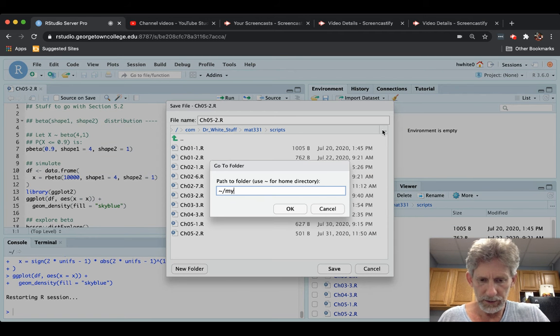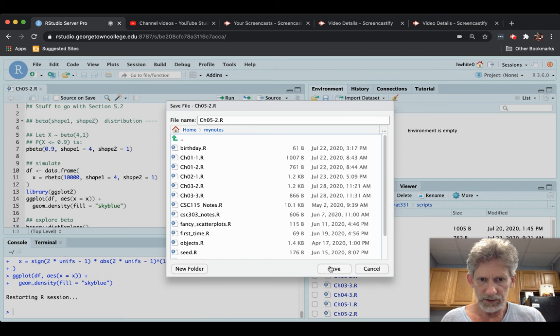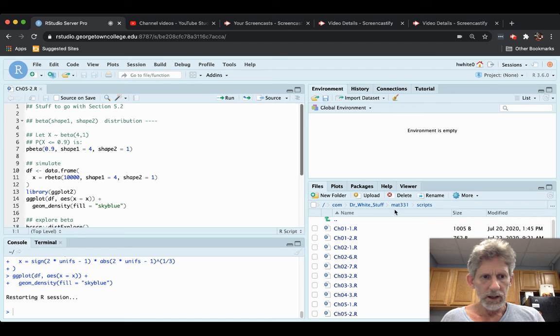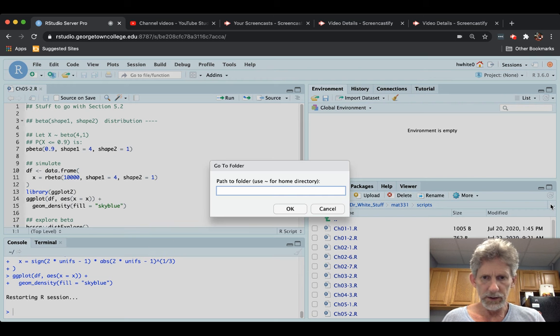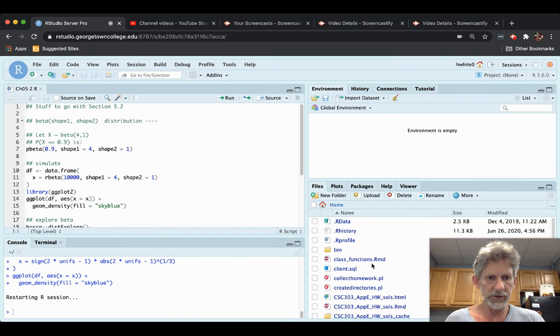How about into my notes? Save. Great. And while I'm at it, let me go into the files pane and just be looking back into my home folder over here in the files pane. Great. Alrighty.